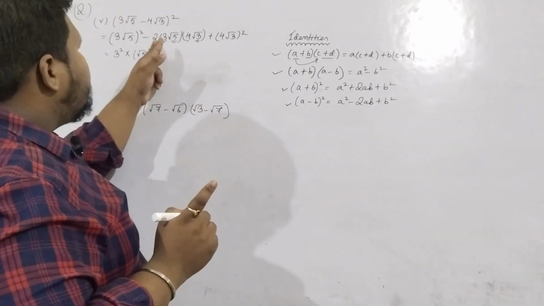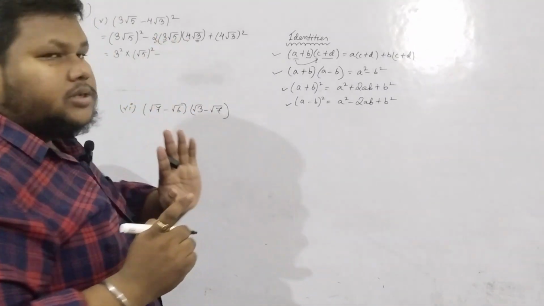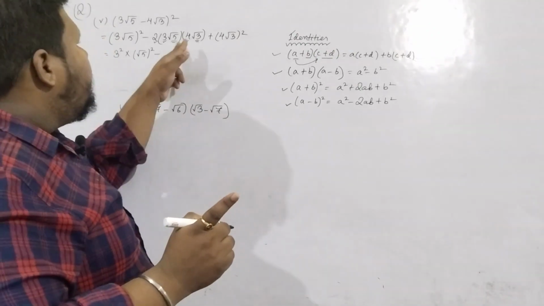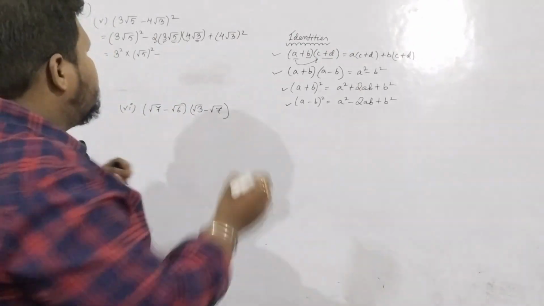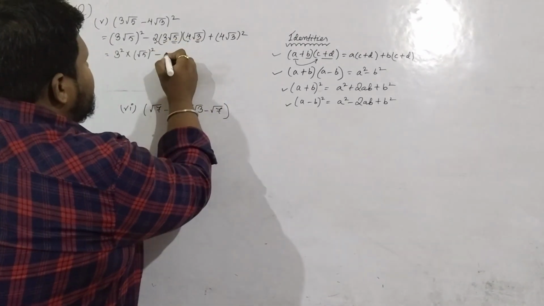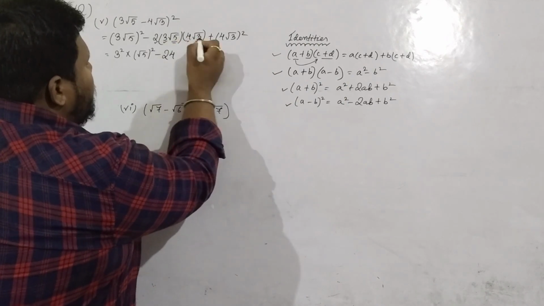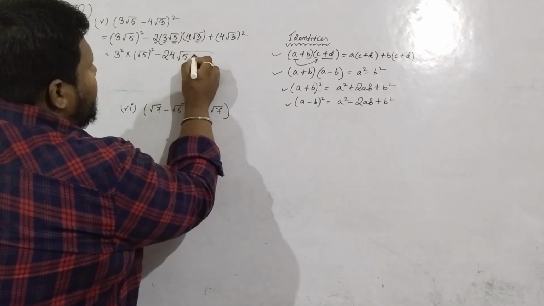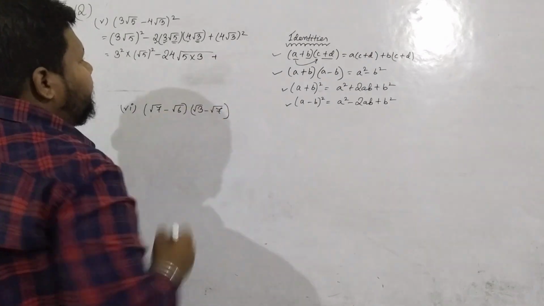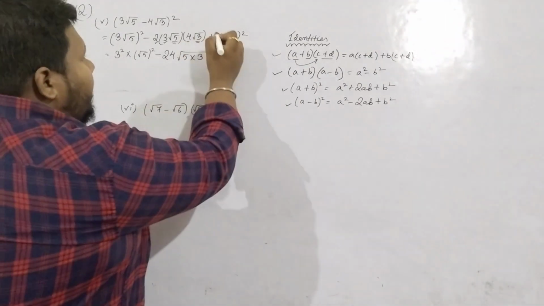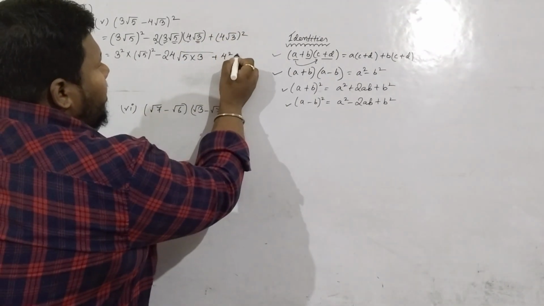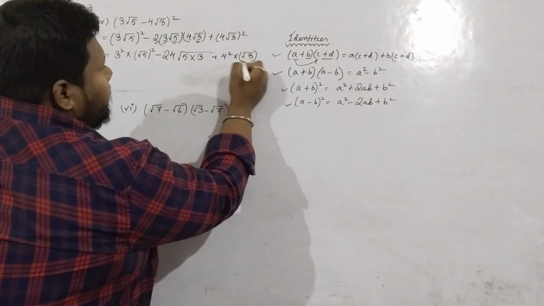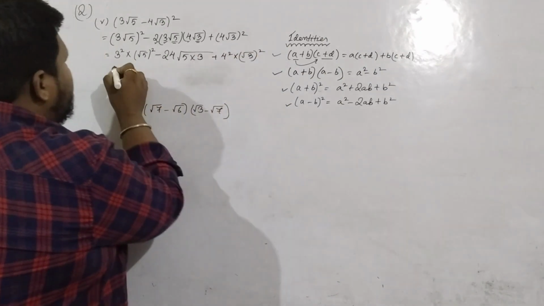So we'll first multiply the rational numbers, then we will multiply the irrational numbers. So 2 3s are 6, 6 4s are 24, and root over 5 and root over 3 will come under the same square root. Here, then again the square will be applied to both of these terms, 4 square and root over 3 square.